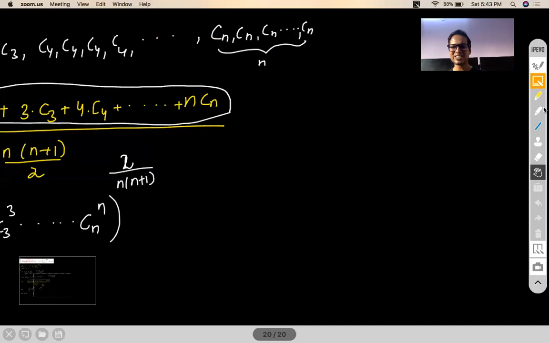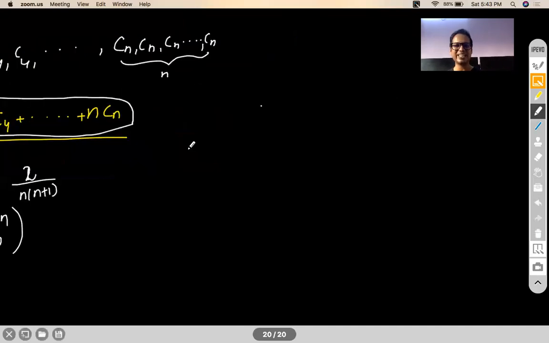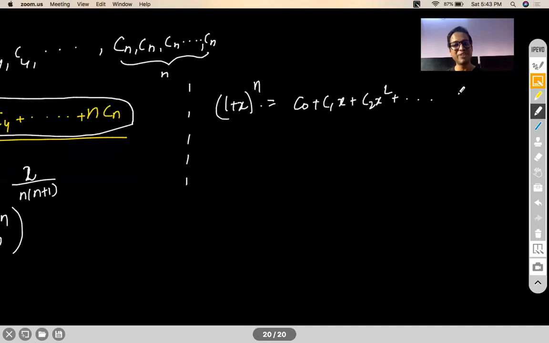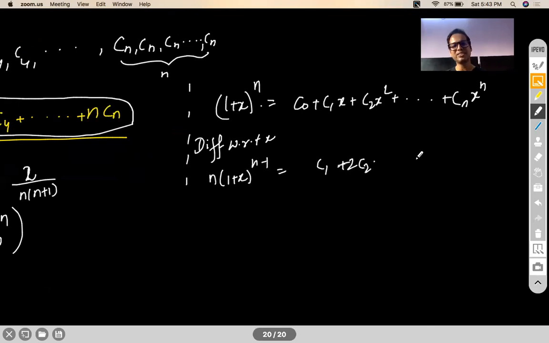For this, I'd like to take you back to your binomial theorem chapter, where we had studied that in order to derive such an expression, we used to differentiate this guy, isn't it? So let's differentiate with respect to x. It will be n into 1 plus x to the power n minus 1. Here you will get C1, 2C2x, 3C3 x square, and so on till n Cn x to the power n minus 1.